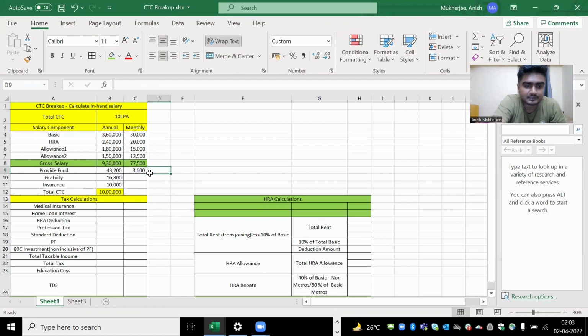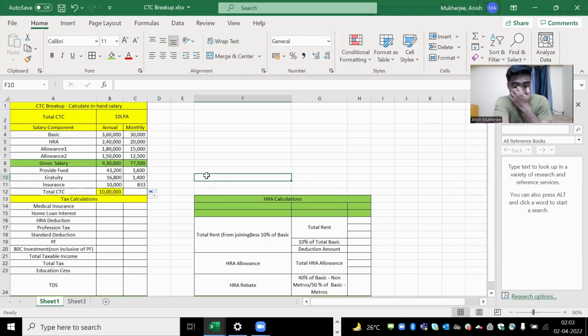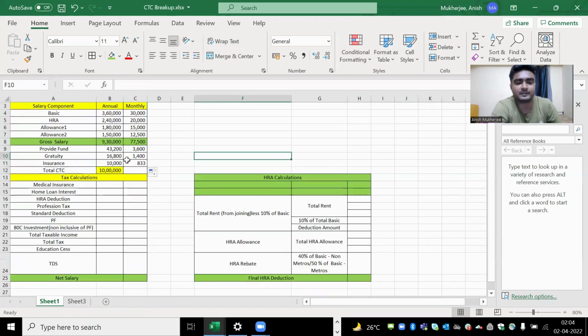Now, if I drag this down, for now we will be ignoring this part, because these are not really something that you will be receiving. So we'll come to the entire monthly enhanced salary, the net salary.